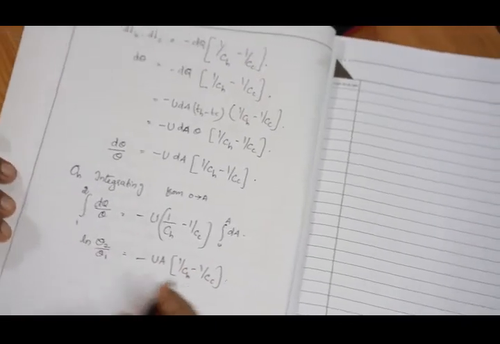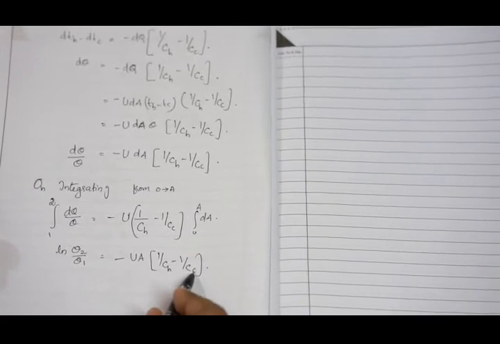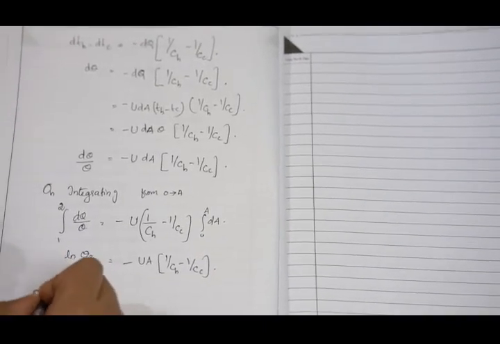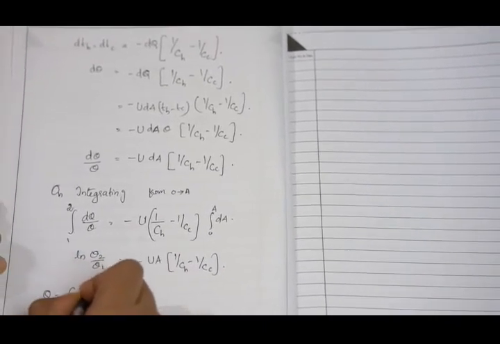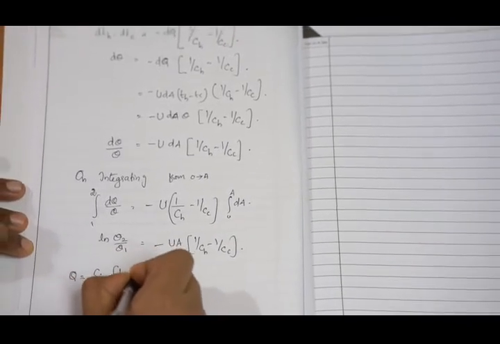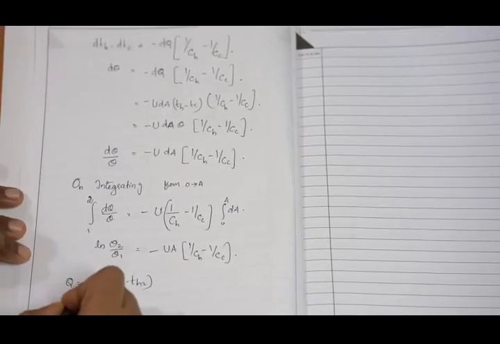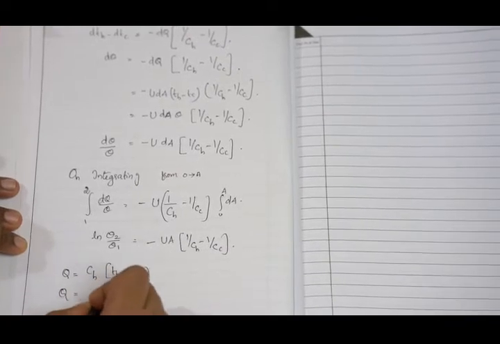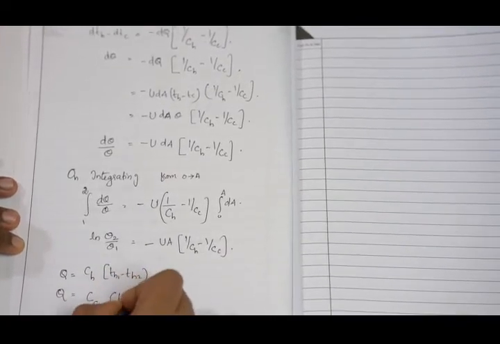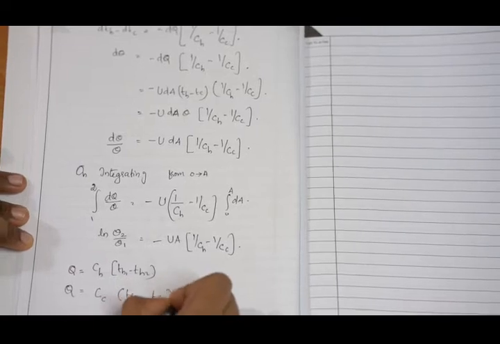Then we give substitution for CH and CC. We know that for the hot fluid Q is equal to CH into TH1 minus TH2, and for the cold fluid Q is equal to CC into TC2 minus TC1.